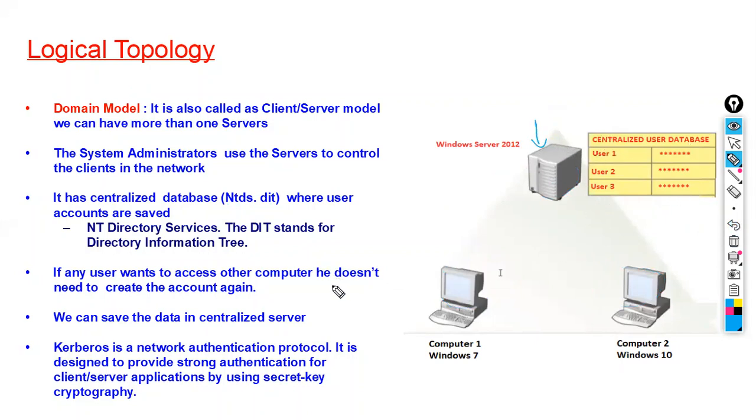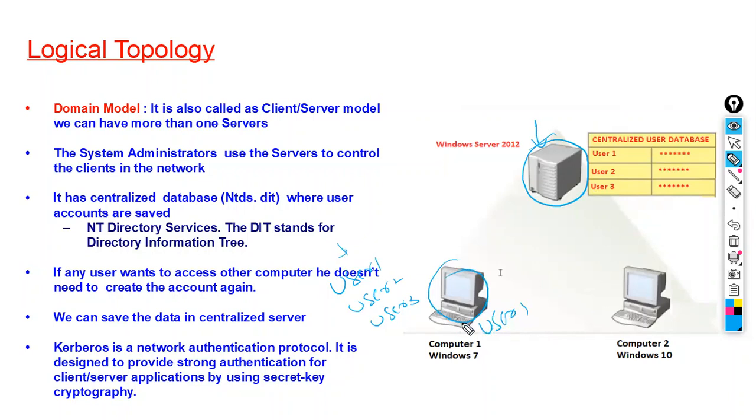Okay, we have user 1, user 2, user 3. So you don't need to create these usernames and passwords, these user accounts, on the clients. What you will do is create the user accounts on the server. Let us say user 1 wants to use computer 1.